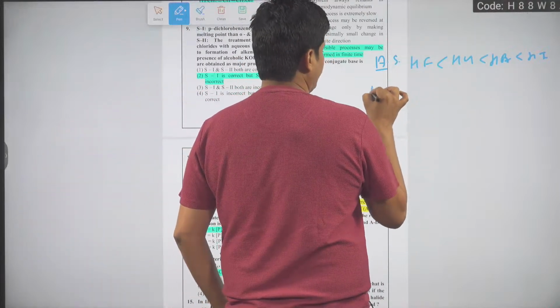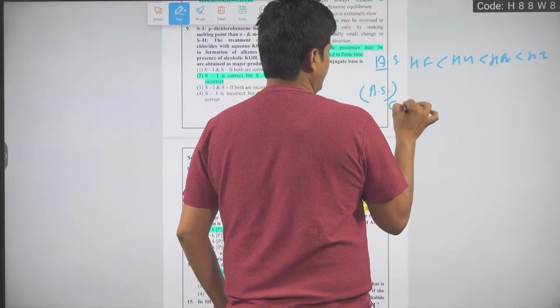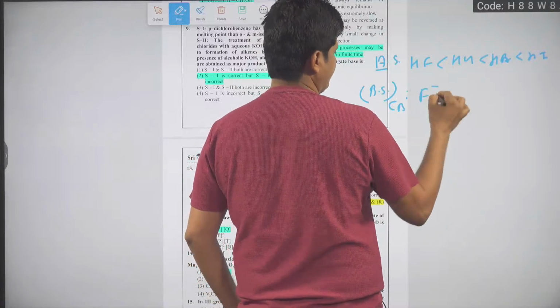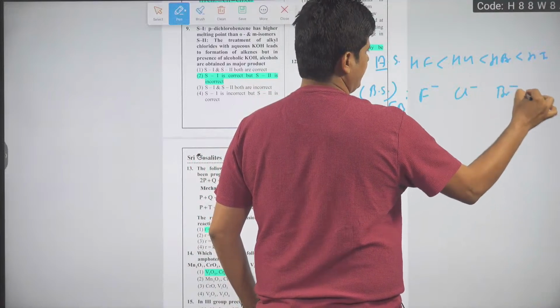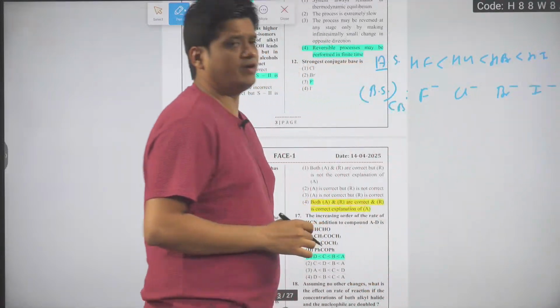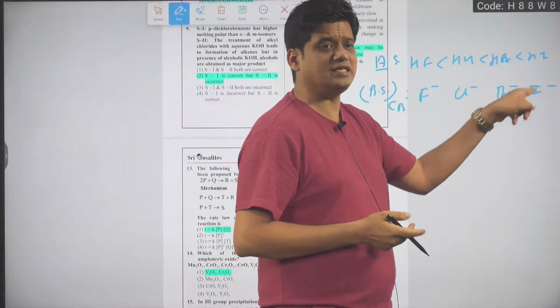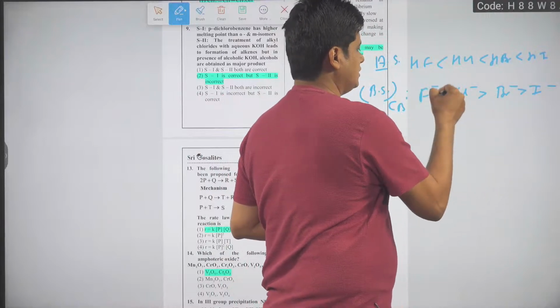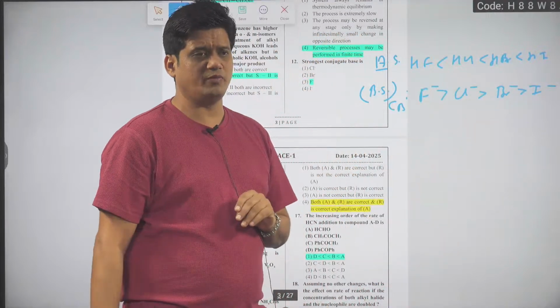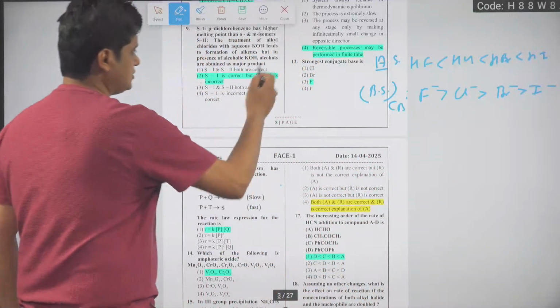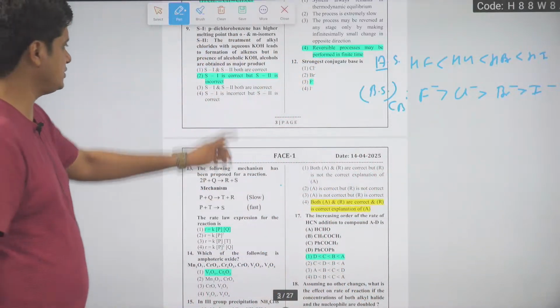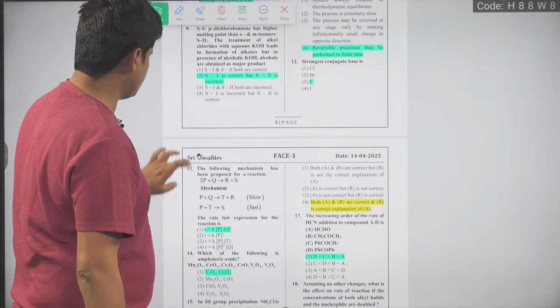If I write the basic strength, the conjugate base of HF is F minus, for HCl it is Cl minus, for HBr it is Br minus, and for HI it is I minus. Stronger acid, weaker conjugate base. Weaker acid, stronger conjugate base. So here basic strength of F minus is more than I minus. The strongest conjugate base answer is F minus based on the 4 options given here. Next question.